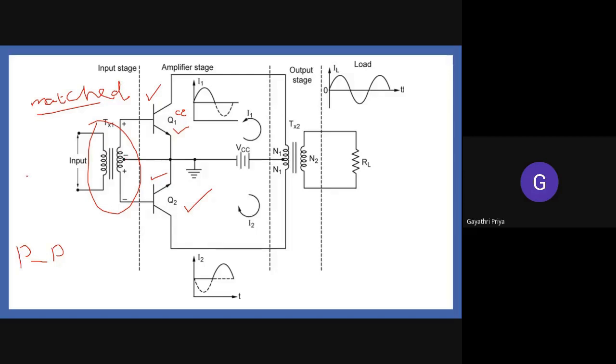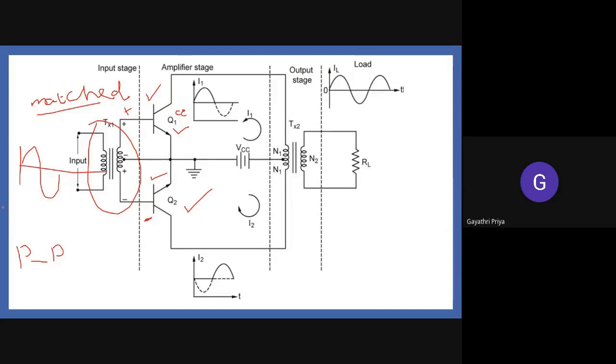What happens here when I apply the input as an AC sinusoidal waveform? For the transistor Q1 base, we will be getting a positive signal. At the same moment, here we will be getting a negative signal. This is generally the case with your transformer.